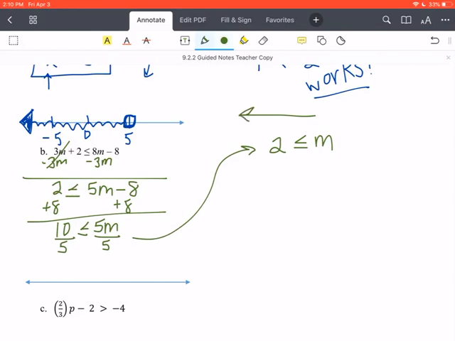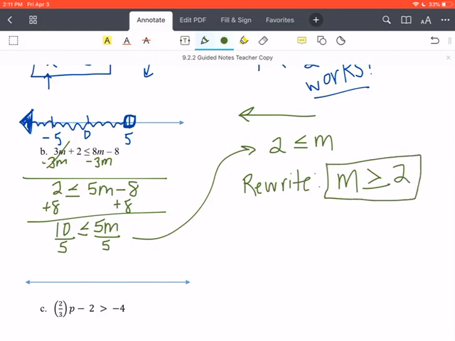So before you circle your final answer, I always encourage you to rewrite it so that the variable comes first. So we have m, the big mouth stays facing toward the m, and then I am comparing it to 2. So m is greater than or equal to 2 is the same thing as 2 is less than or equal to m, but it makes more sense when we write it with the variable coming first.